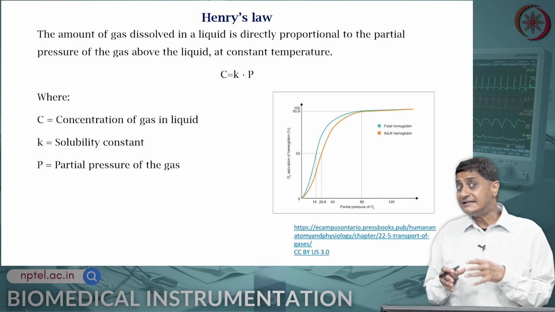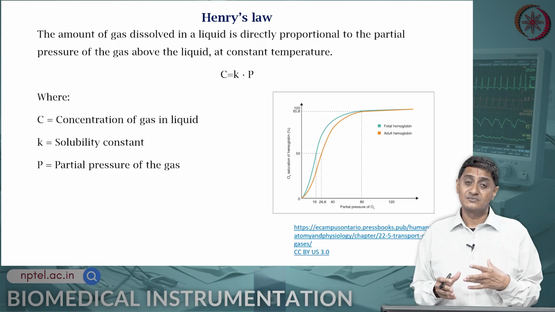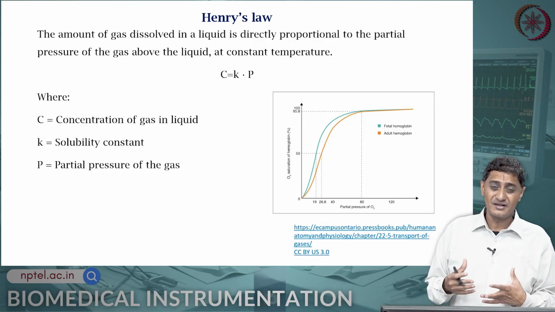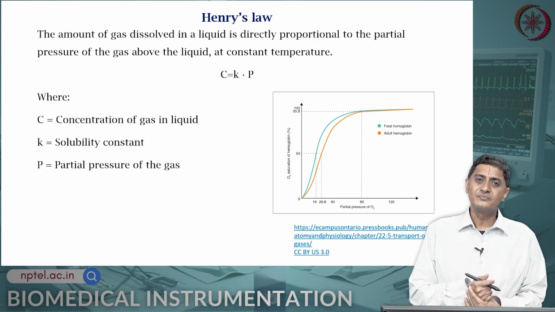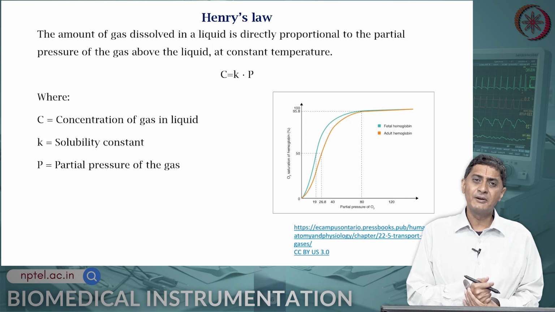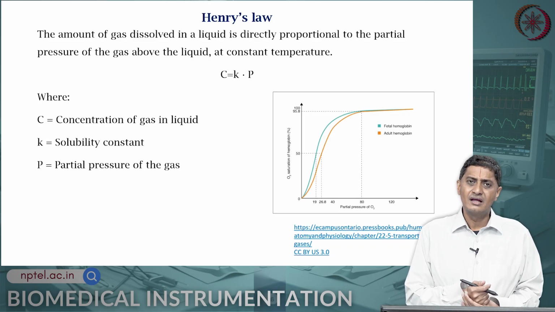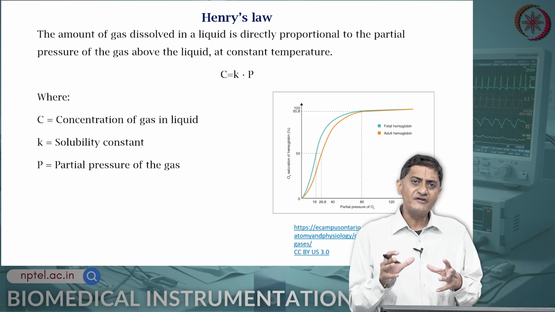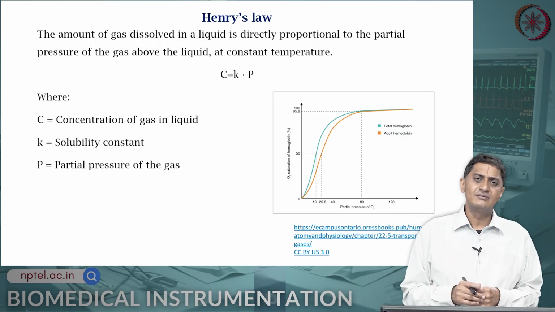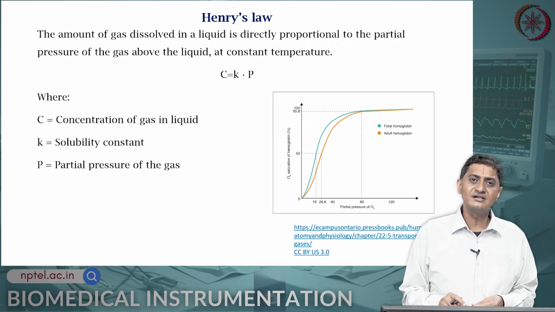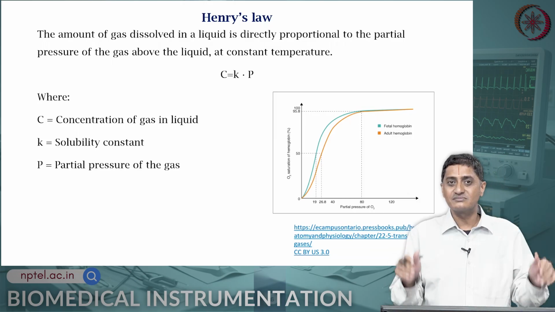Now, consider deoxygenated venous blood that is entering the pulmonary circulation, coming near the alveoli. The partial pressure of oxygen in that blood is much lower than the partial pressure of oxygen in general air.